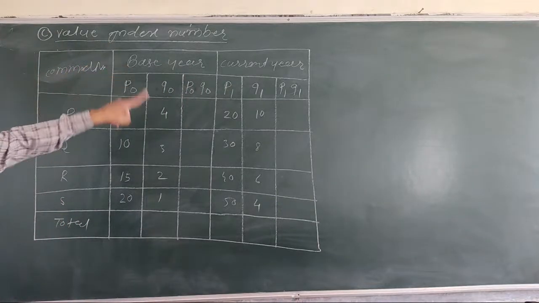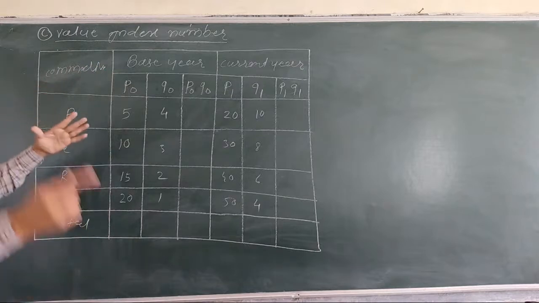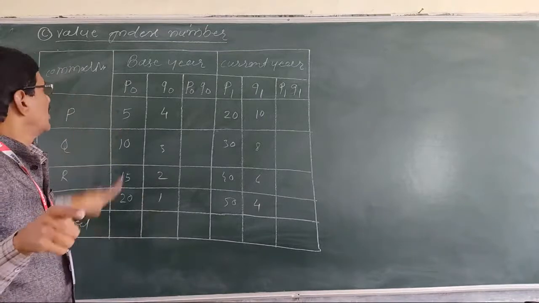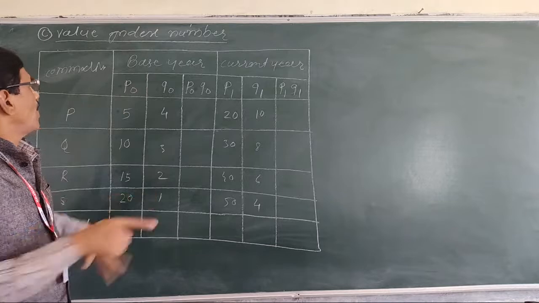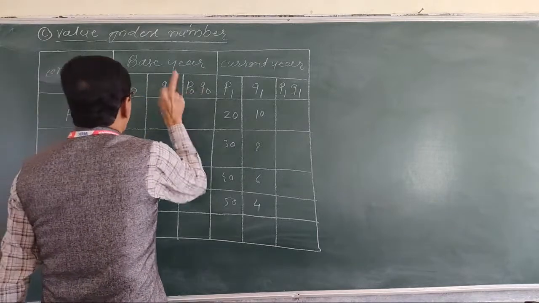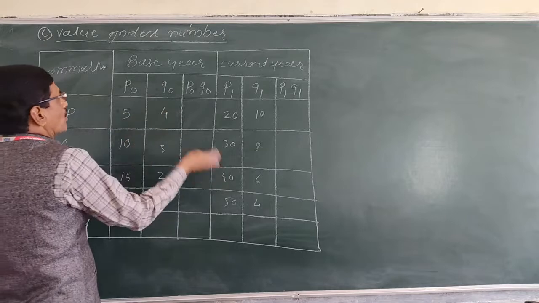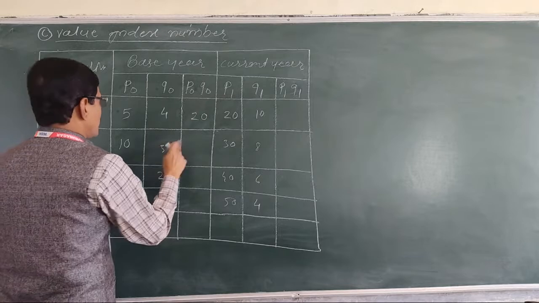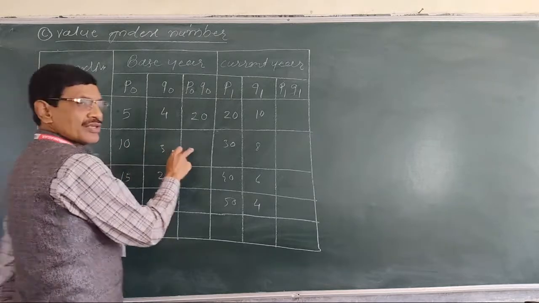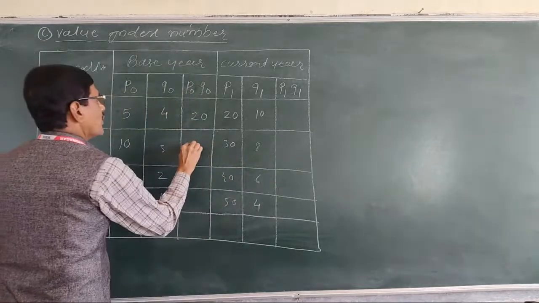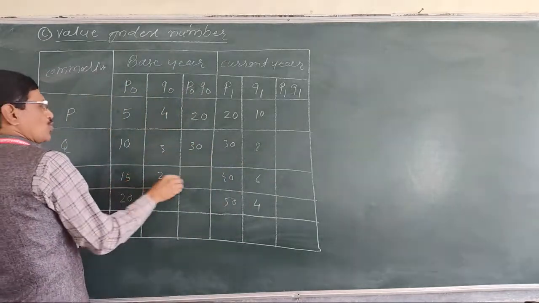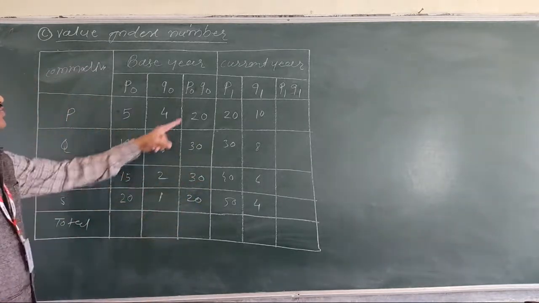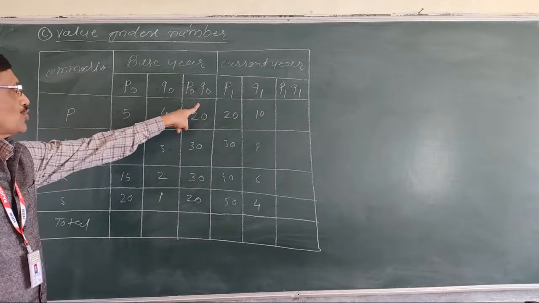Value index number. Commodities A, B, C, D. P0 is 5, 10, 15, 20 in the base year, and Q0 is 4, 3, 2, 1. So P0Q0 is 5 into 4, 20; 10 into 3, 30; 15 into 2, 30; and 20 into 1, 20.